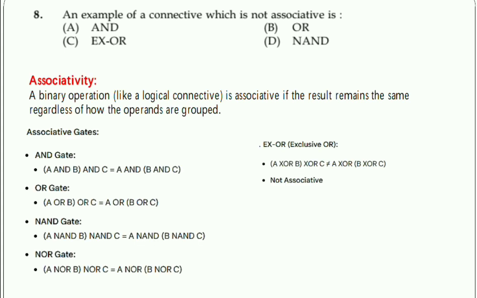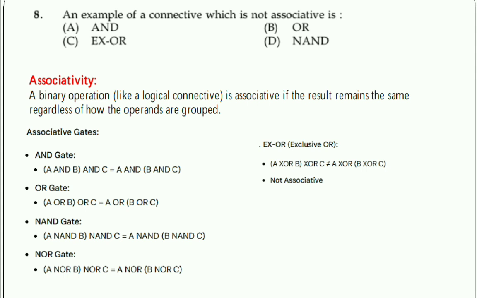Here, associativity: a binary operation like a logical connective is associative if the result remains the same regardless of how the operands are grouped. So associativity means grouping of the logical operands. A AND B AND C is equal to A AND B AND C with any grouping. The result remains the same regardless of the grouping.